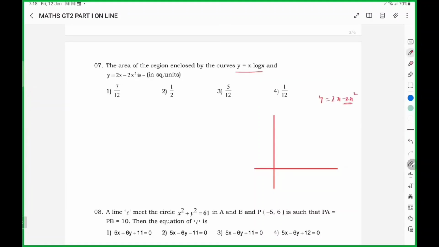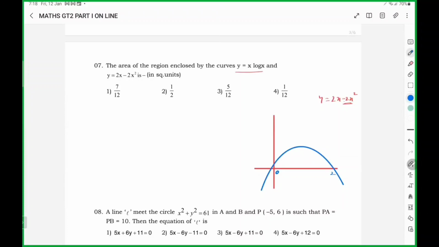It's definitely a parabola. X square coefficient negative means it is passing through obviously 0 comma 2. And another one is x log x.